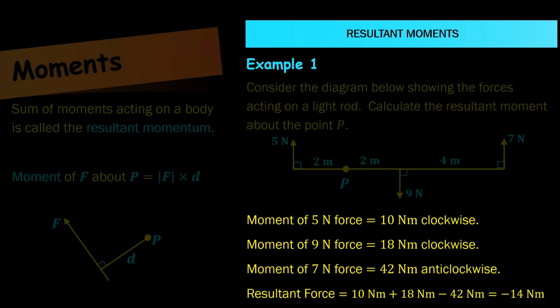Therefore, the resultant moment equals minus 14 Newton meters. In other words, minus 14 Newton meters clockwise, or 14 Newton meters anti-clockwise.